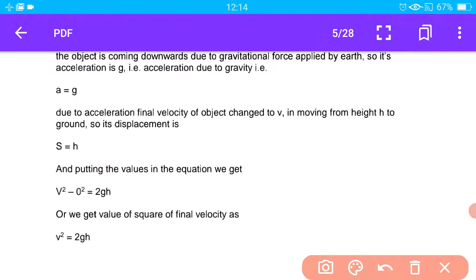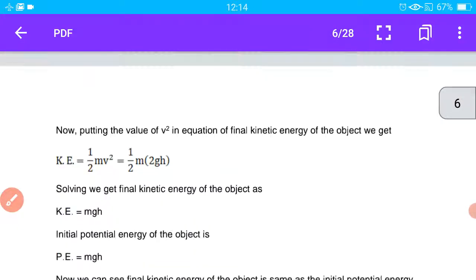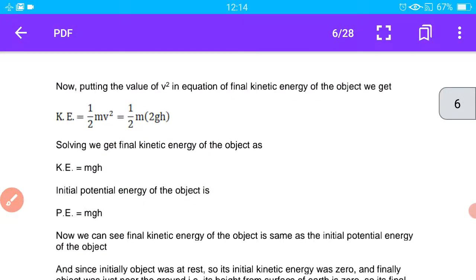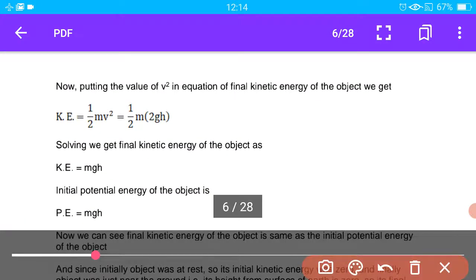Putting the values in the equation, we get v squared minus 0 squared equals 2gh, or the square of the final velocity is v squared equal to 2gh.